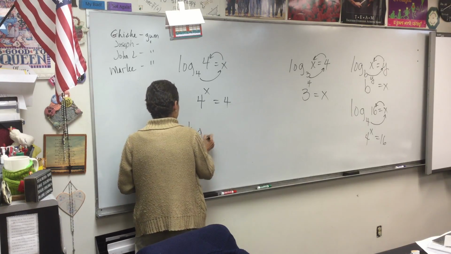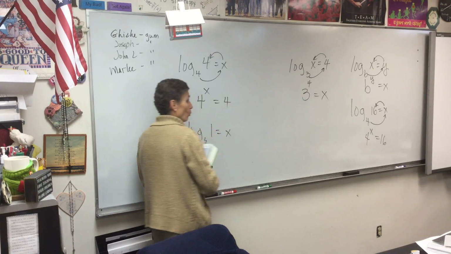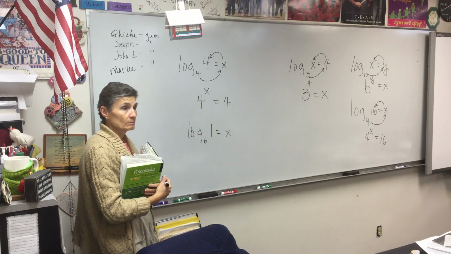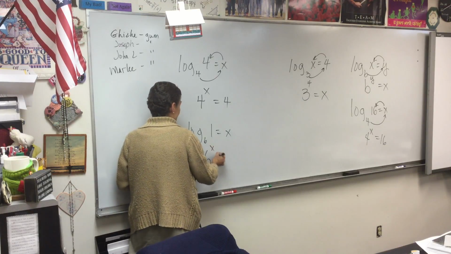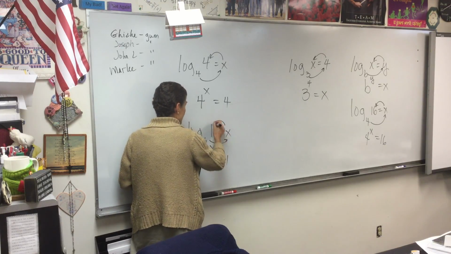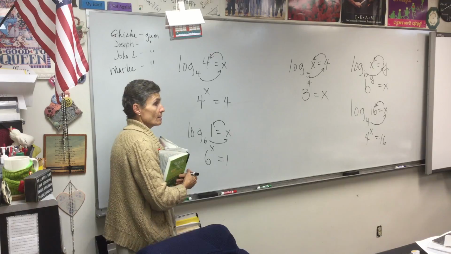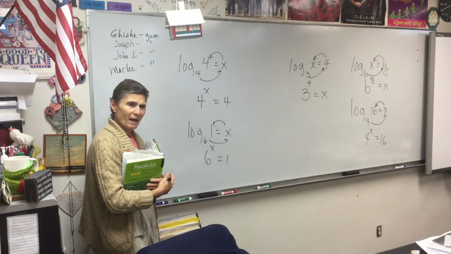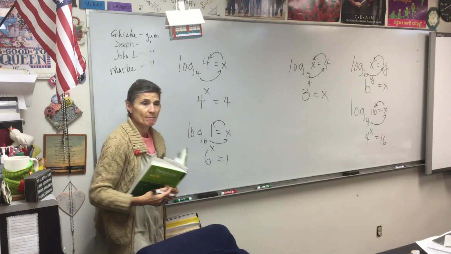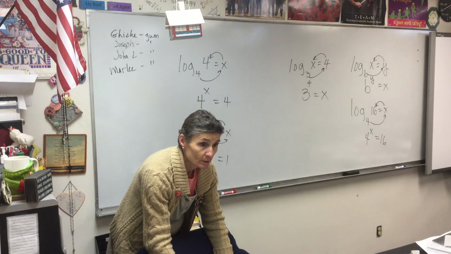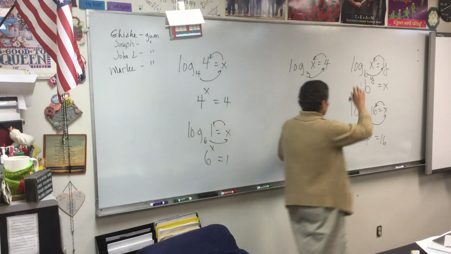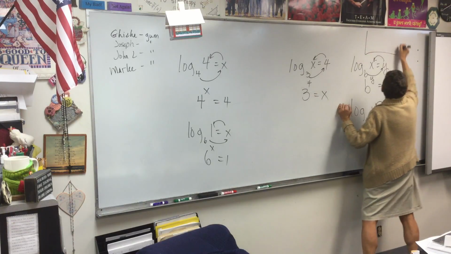The log base 6 of 1, what does that equal? This is number 2. 0. Exactly. 6 to the x equals 1. Well, 6 to a power equals 1. The only power that gives you 1 is 0. And in fact, I'm going to write down something special up here.